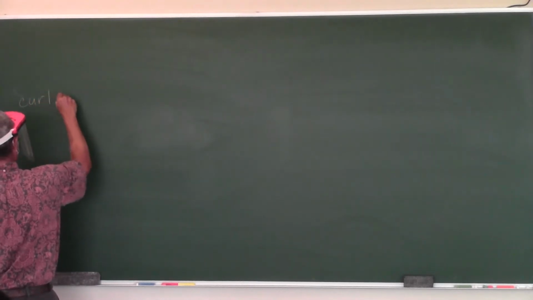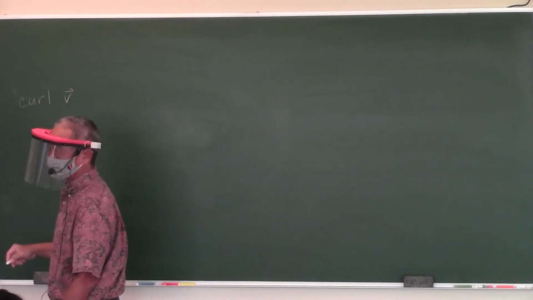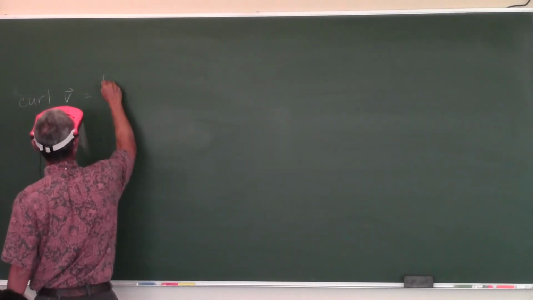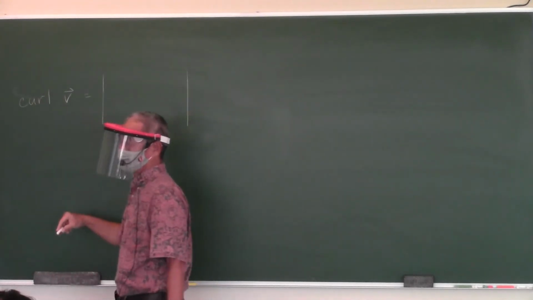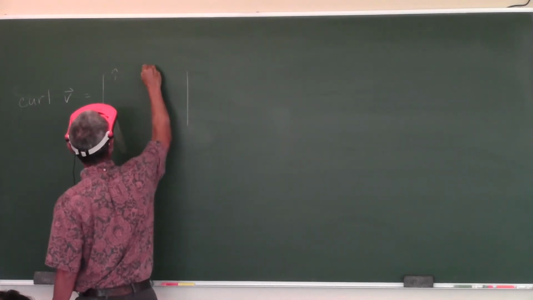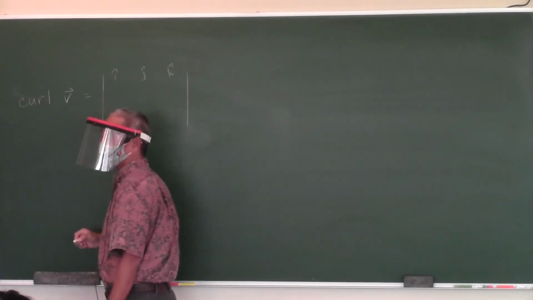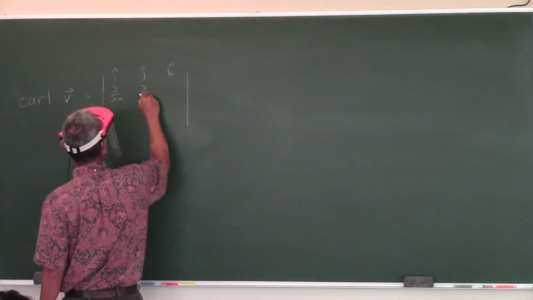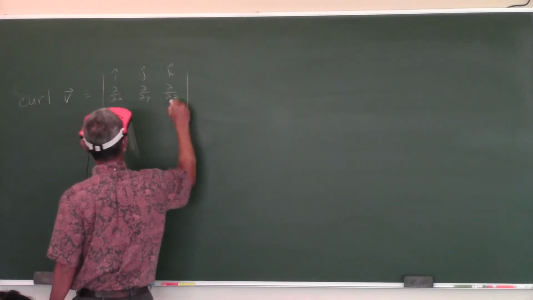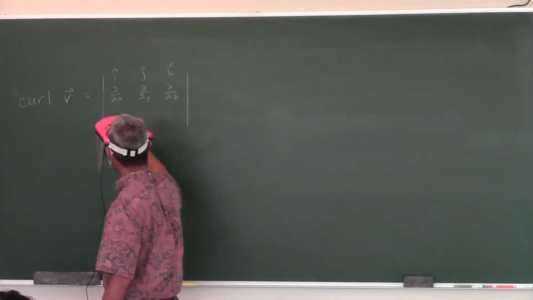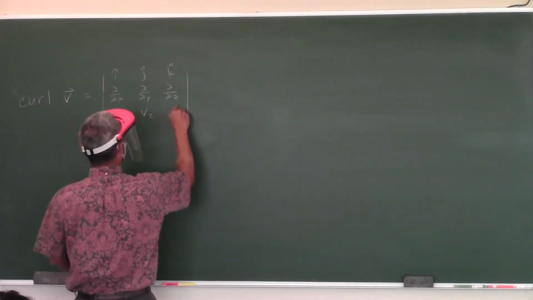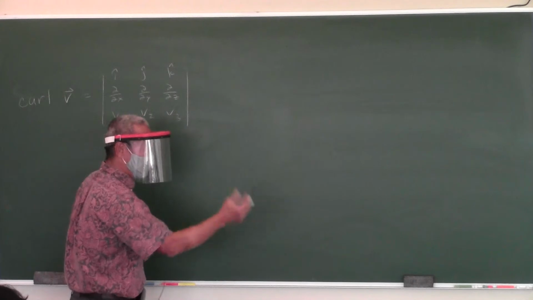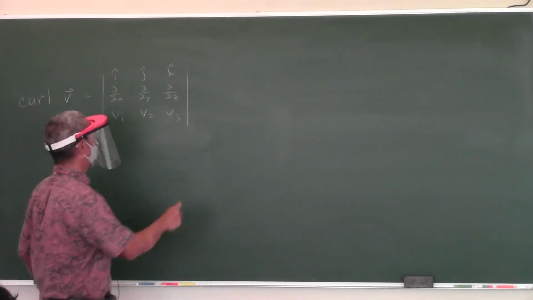To compute the curl of a vector field, you write i, j, k, kind of like a cross product, except it's not. Then partial with respect to x, partial with respect to y, partial with respect to z, and then v1, v2, v3. Those are the components of the vector field. If we compute this determinant, that is the actual curl of the vector field.